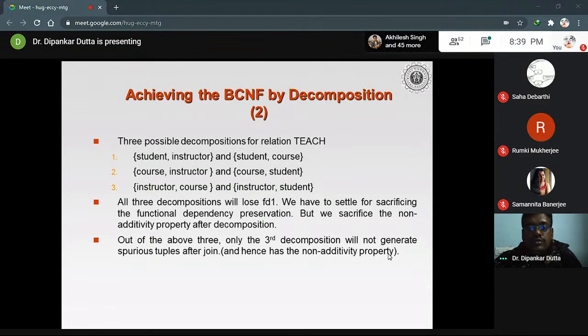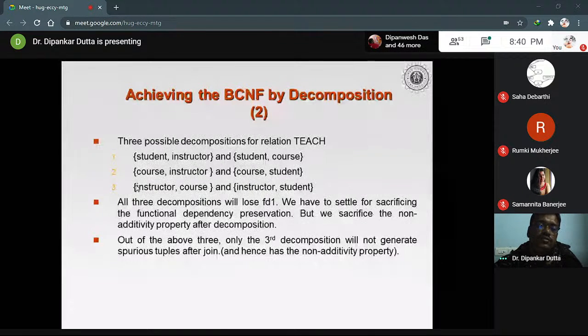If we decompose in the first two ways and join the two tables, that will generate spurious tuples. Only the third one will not. But still, the third one also does not preserve dependency FD1.